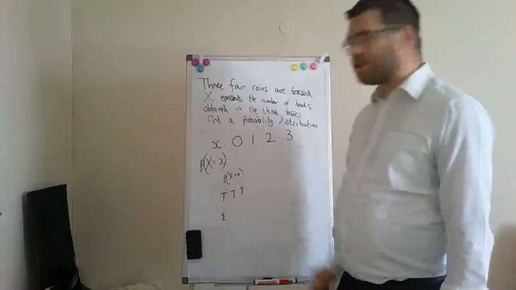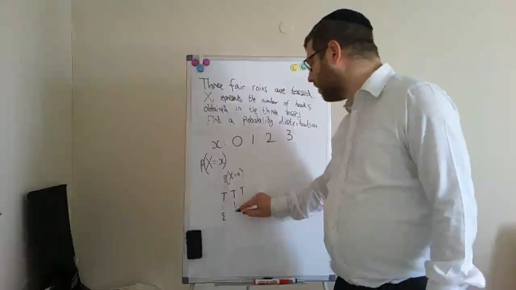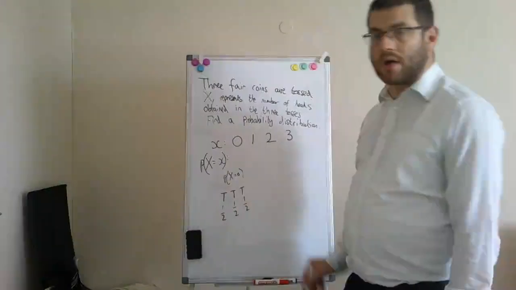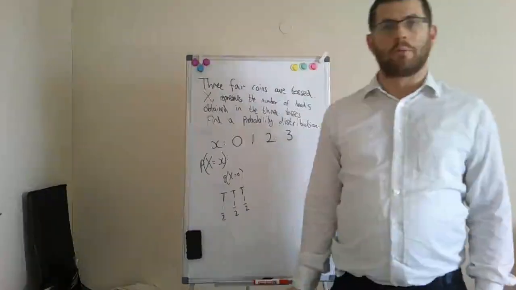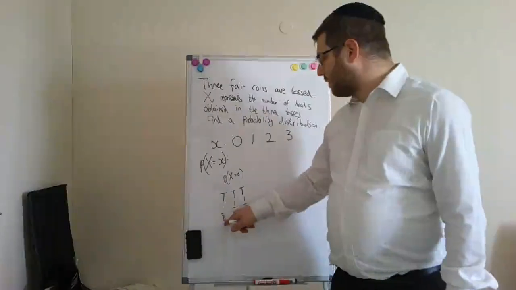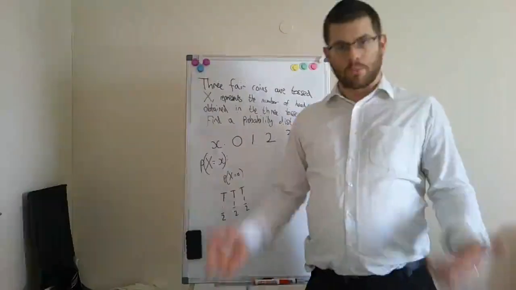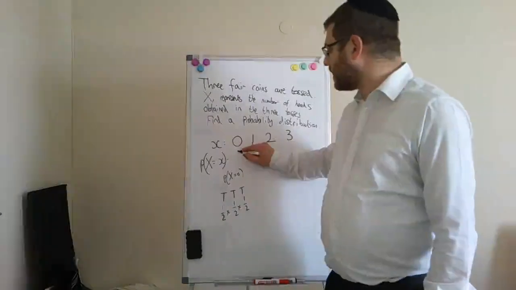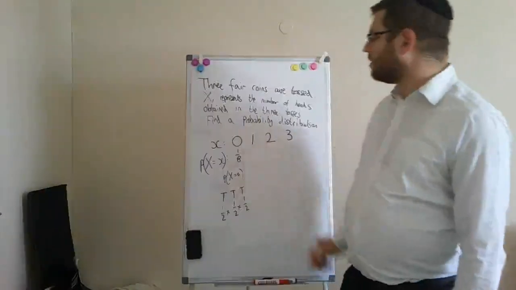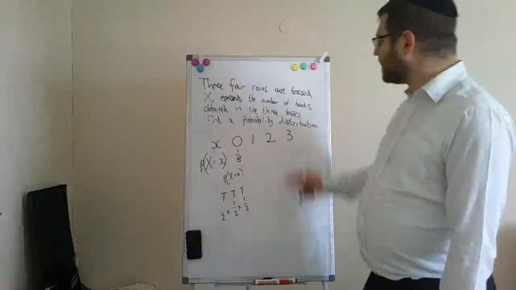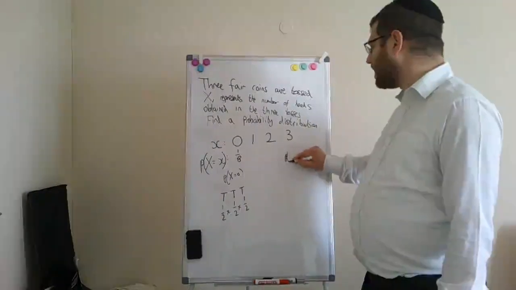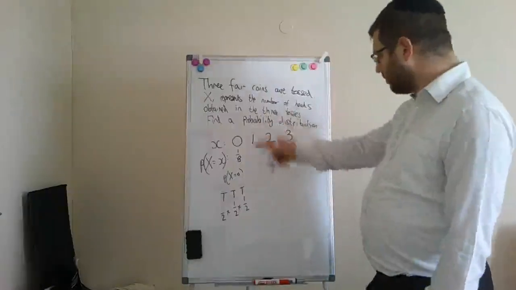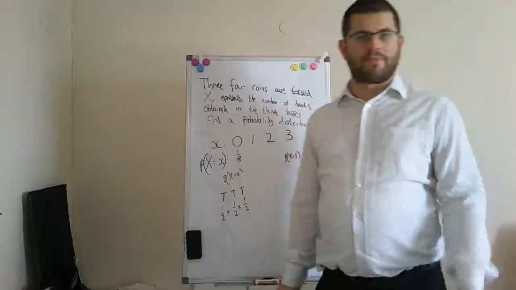So I need a tail on the first go, a tail on the second go, and a tail on the third go. And we know from the axioms of probability that if you want 3 probabilities all to hold simultaneously, we multiply them. Which means the probability of getting tails all 3 goes is 1/8. And it's exactly the same for this, because if I want x equal to 3, it's a different column of the table, but effectively it's the same thing.